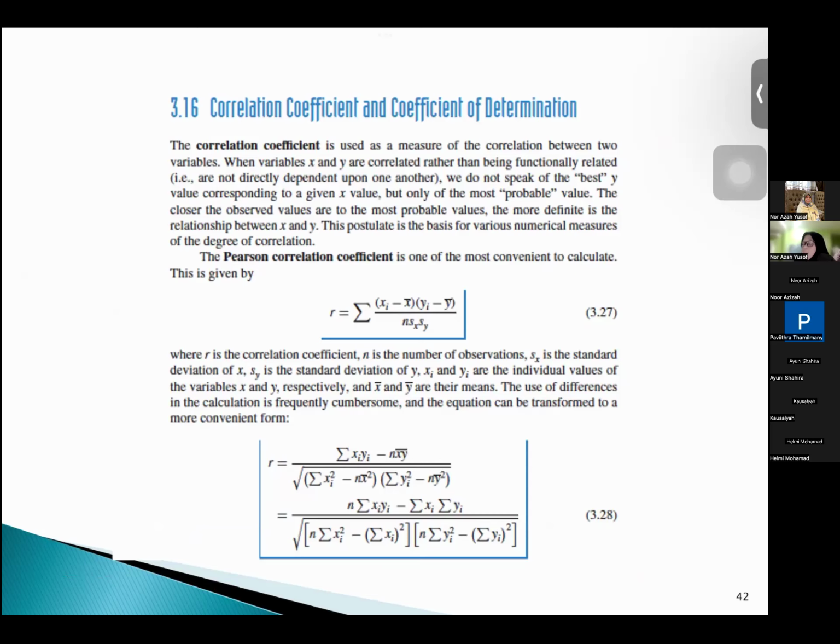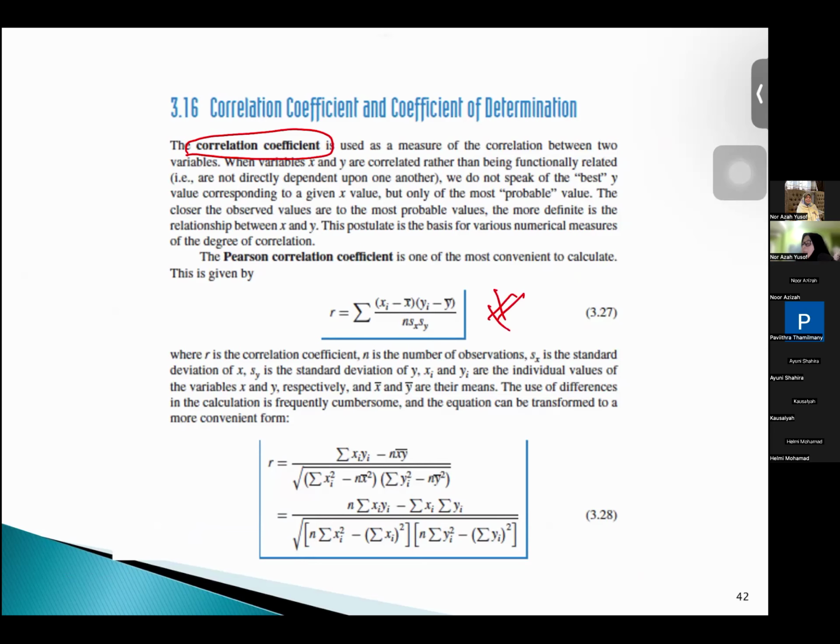So this is just to show you the formula for the correlation coefficient. I think we have it in the previous slides. Yeah, it looks complicated. But I think this is the one.